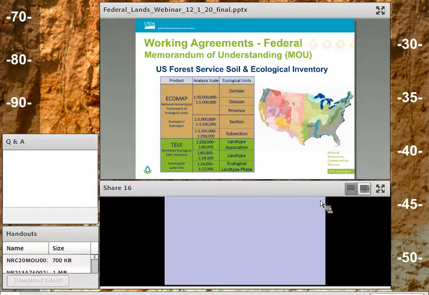Land type associations are the most general units of TUI, but they still have a lot of utility with the ecological integrity component of the planning rule of 2012, which governs forest planning based on patterns of landforms, vegetation, soils, geology, and climate.